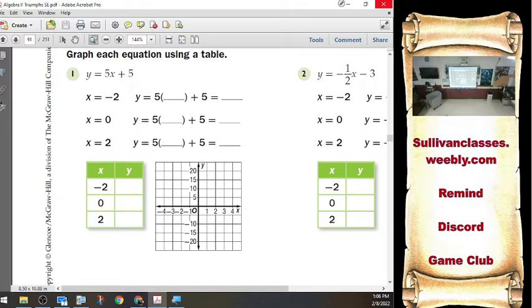Is that where we're going? I think so. Okay. Now, can you plot those points? Plot the points. X is left and right, Y is up and down. Oh, graph it? Alright.